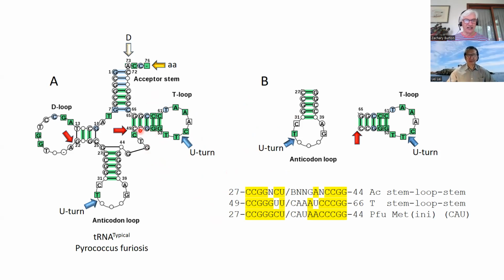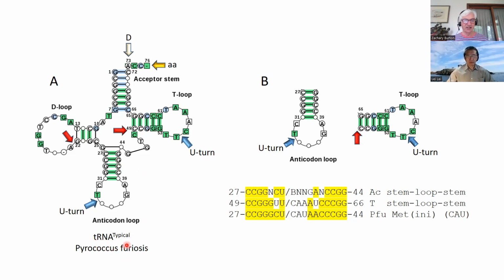If you go to tRNA, one of the predictions of this model is that this 17 nucleotide fragment with stems of 5 and loop of 7 is initially identical to this stem loop stem here. So this is the anticodon loop of tRNA. This is the T loop.